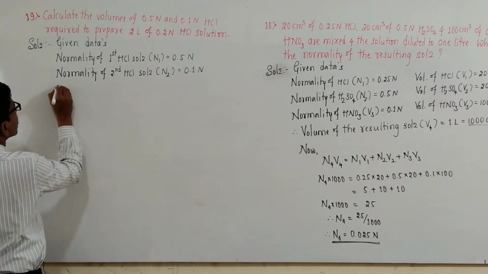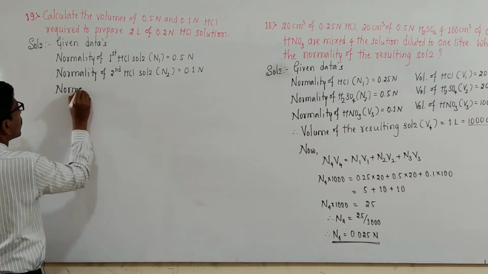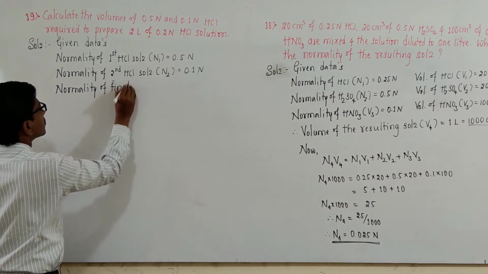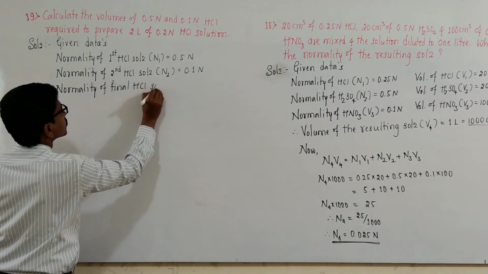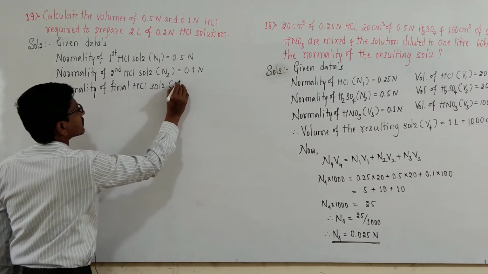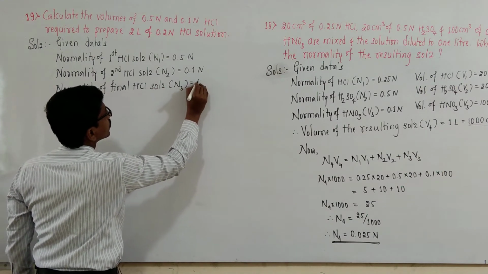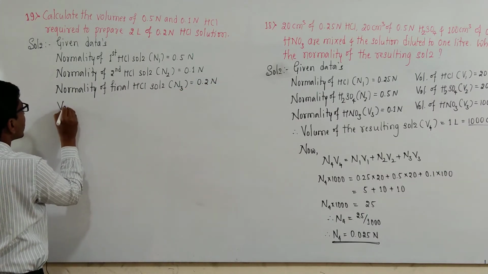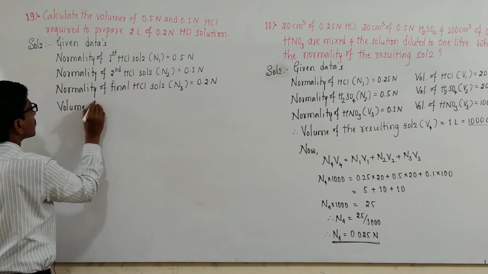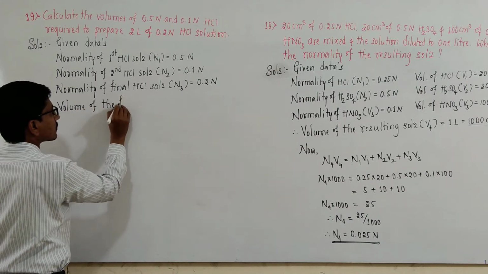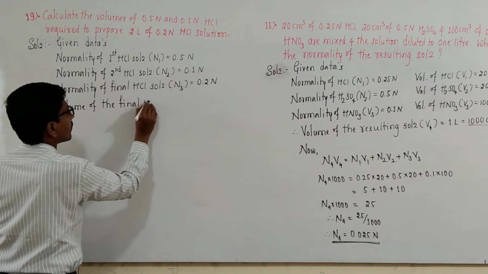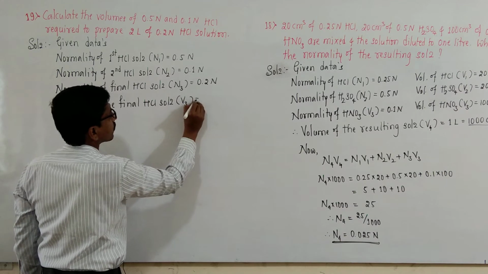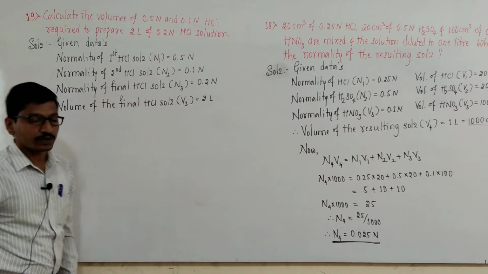Then normality of final HCl solution, that is N3, is equal to 0.2 normal, and the volume of the final solution, that is V3, is equal to 2 liter.